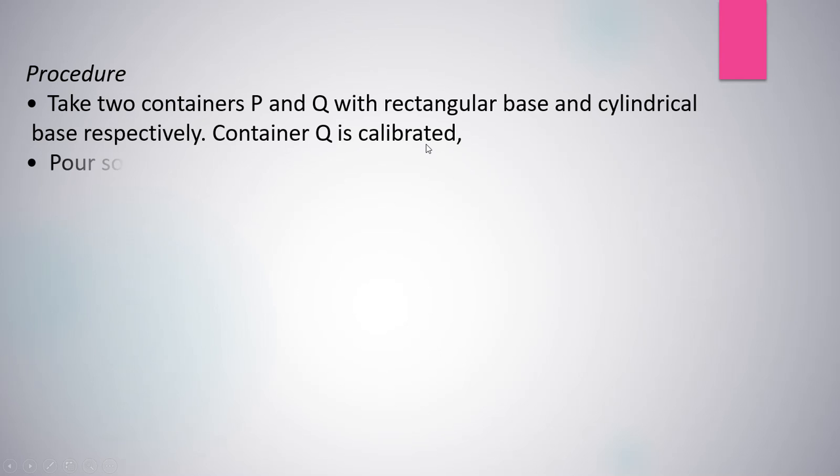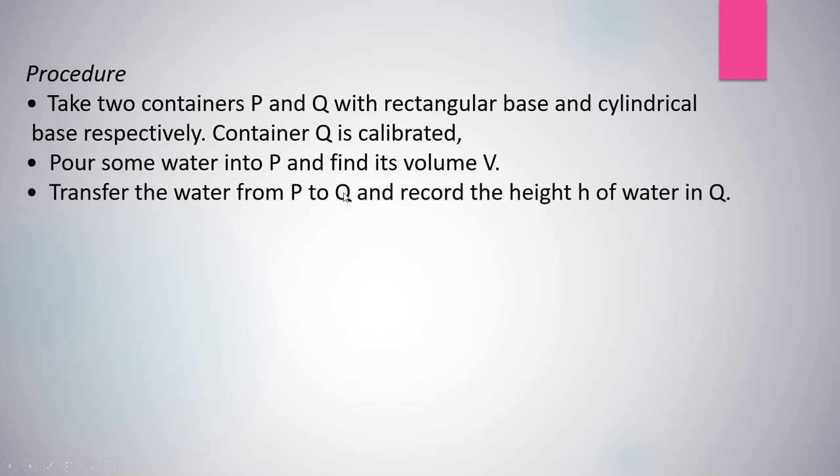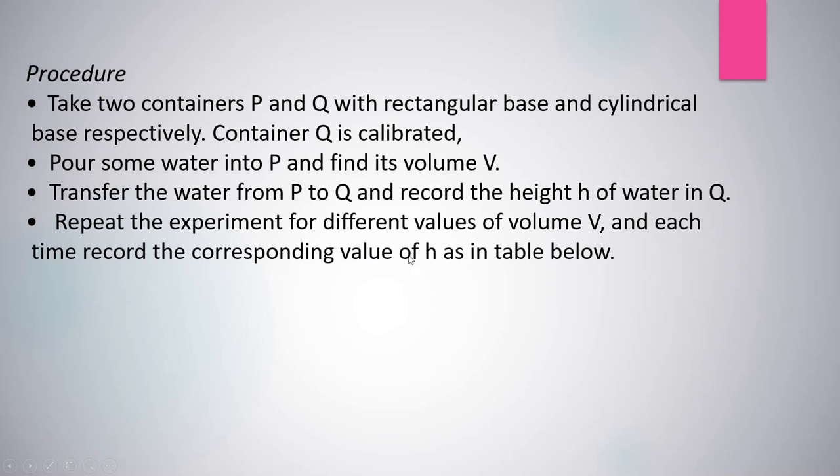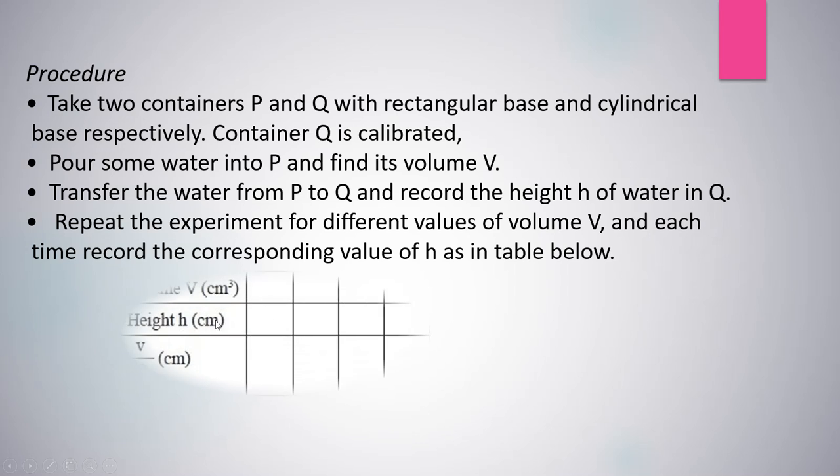Container Q is calibrated, like a measuring cylinder. Pour some water into P and find its volume V. Then transfer the water from P to Q and record the height h of the water in Q. Repeat the experiment for different values of the volume, and each time record the corresponding heights when you have poured the water in Q. Then record your results.